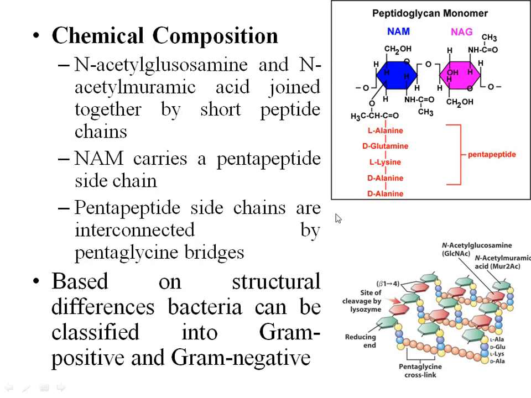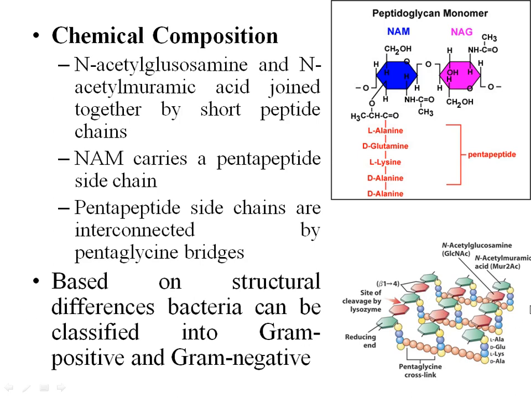The pentapeptide side chains of two different N-acetylmuramic acids in two different chains will be cross-linked by pentaglycine bridges. So the pentaglycine bridges cross-link the two N-acetylmuramic acids of the peptidoglycan chain.